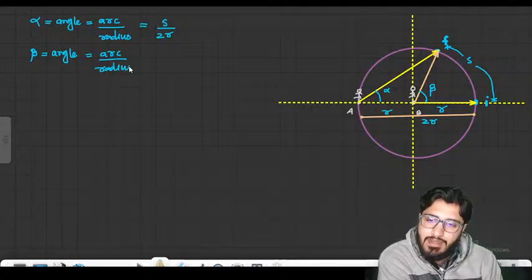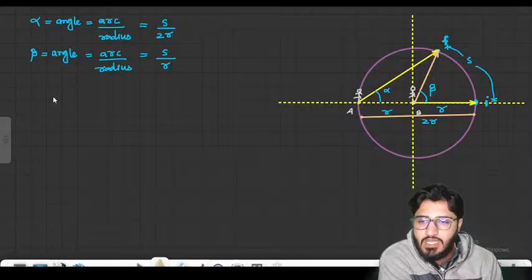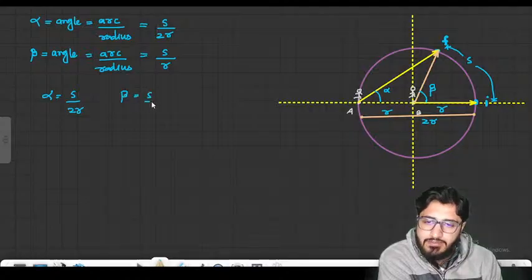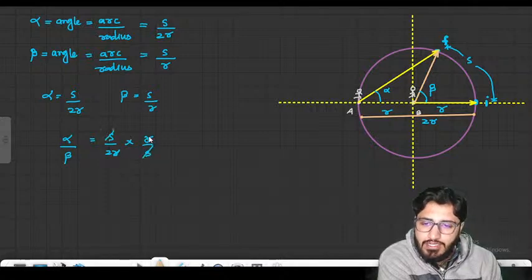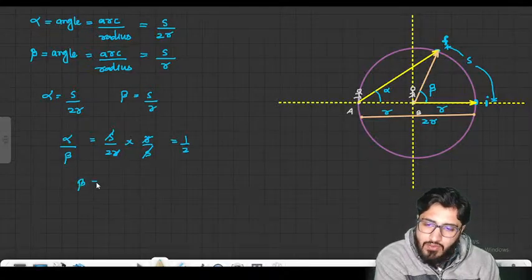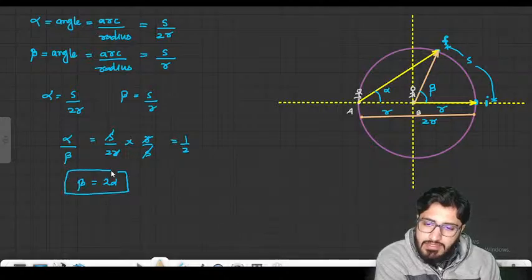Arc is S, radius is R. So alpha came out to be S by 2R, and beta came out to be S by R. Let us divide alpha by beta. We get S by 2R multiplied by R by S. Cancel out, it is 1 by 2. Simply means that beta is equal to 2 times alpha.